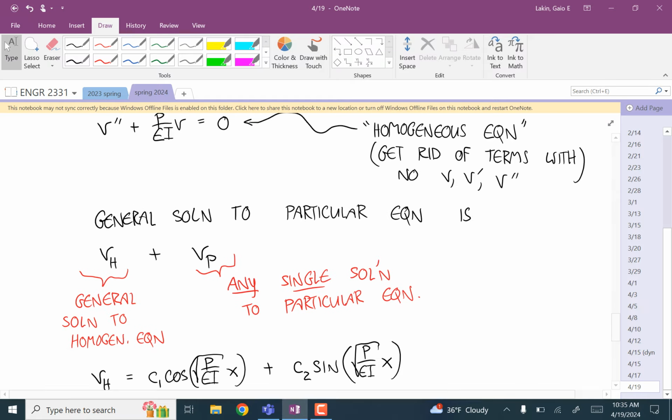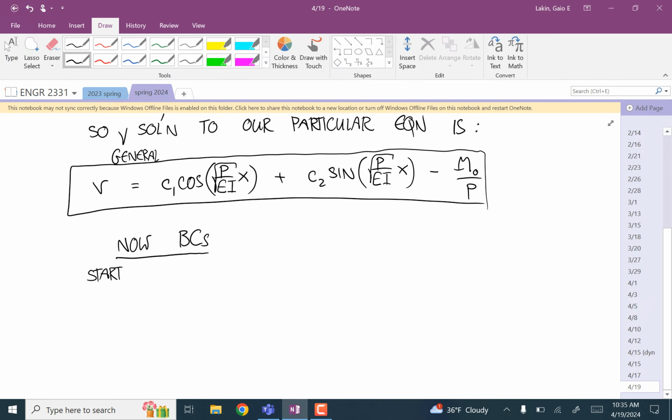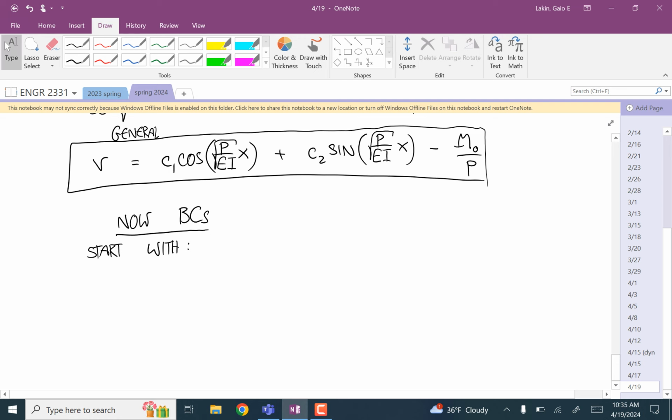Okay, so now we're doing the boundary conditions and we're going to start with these two boundary conditions that say the deflection is 0, and since this is a fixed joint with the ground, V prime at 0 is also 0.